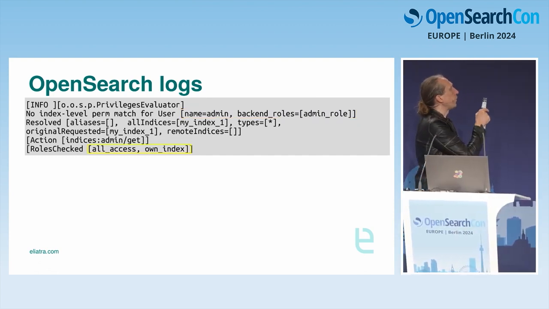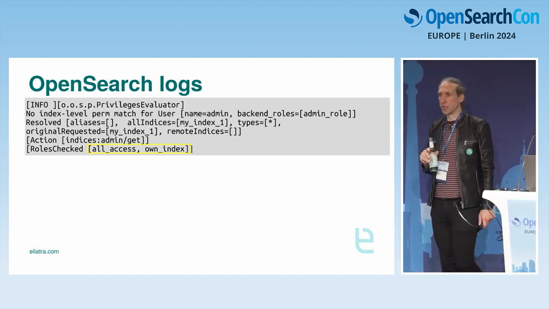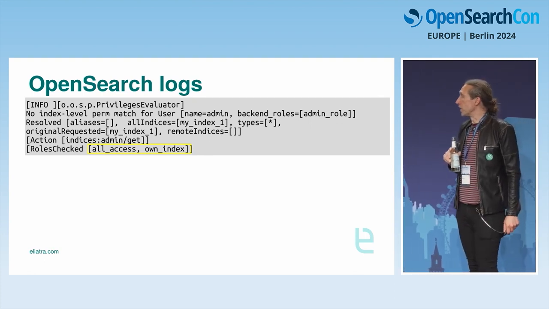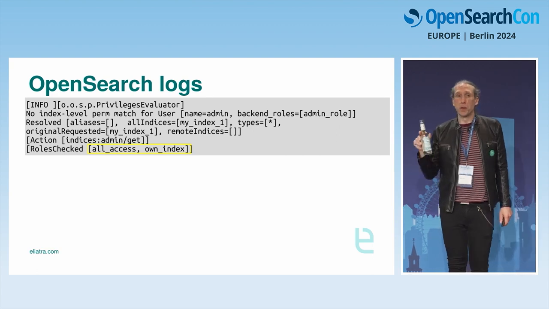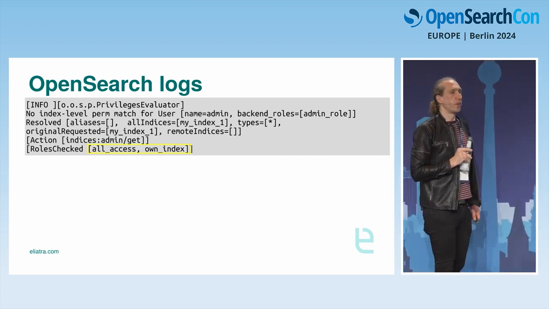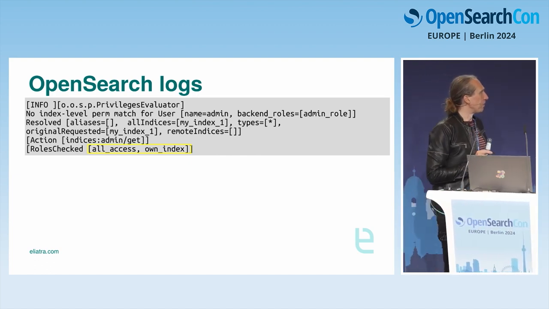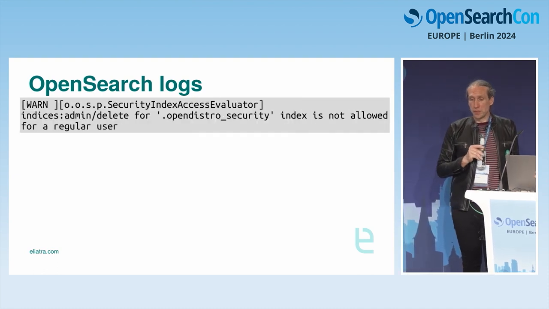But we also have here at roles checks the effective roles, which is much more important actually when debugging authorization issues, because this tells you whether the role mapping worked correctly, and you can also directly check the roles YAML file. So yeah, use these logs.